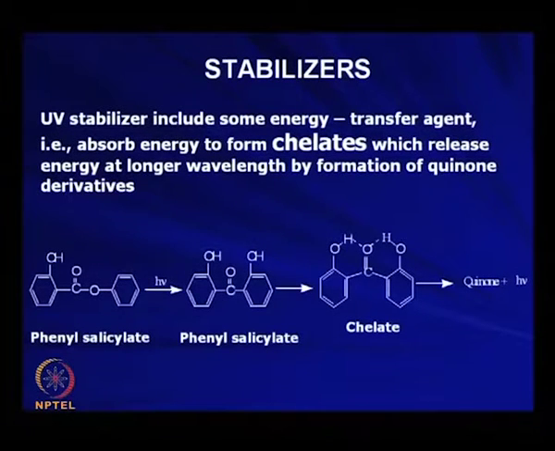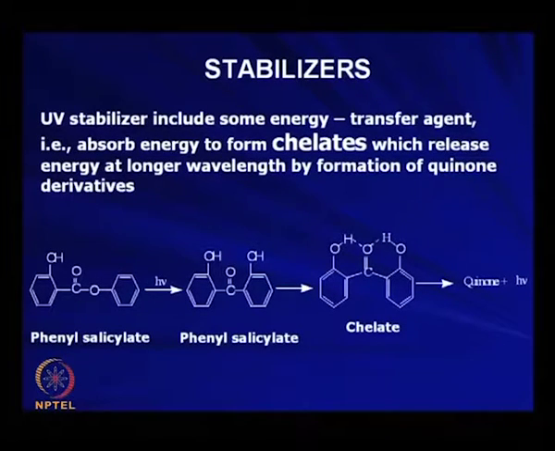Now, you see UV stabilizers include some energy transfer agents, compounds like phenyl salicylate. I told you that there may be some UV scavenger. So, these additives, say phenyl salicylate, act as a UV scavenger. If it is present, then what will happen?